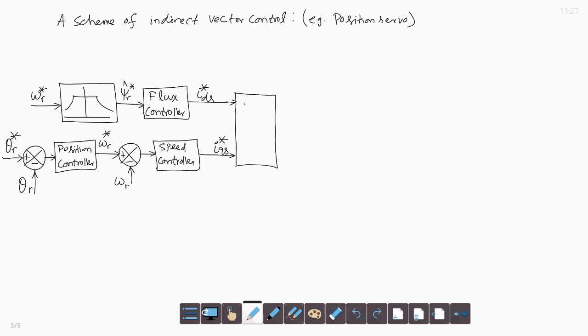This goes to the vector rotator and 2 phase to 3 phase transformation.